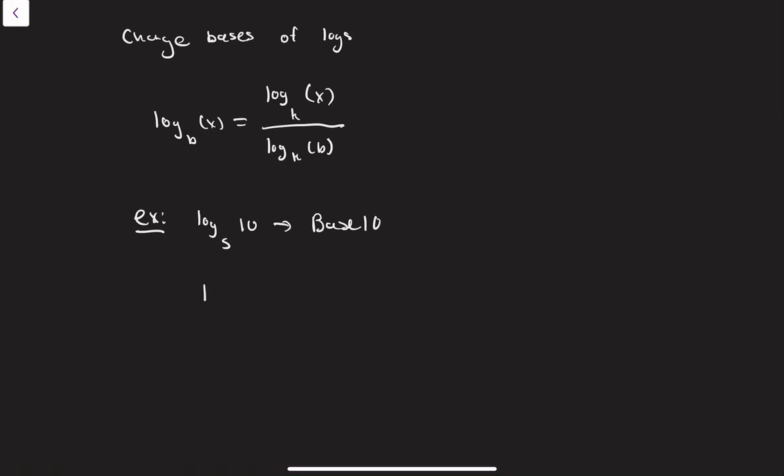Using our above formula, that equals log base 10 of 10 all over log base 10 of 5. Well, log base 10 of 10 cancels, turning out to be 1. So we get 1 over log base 10 of 5, and that's our solution.